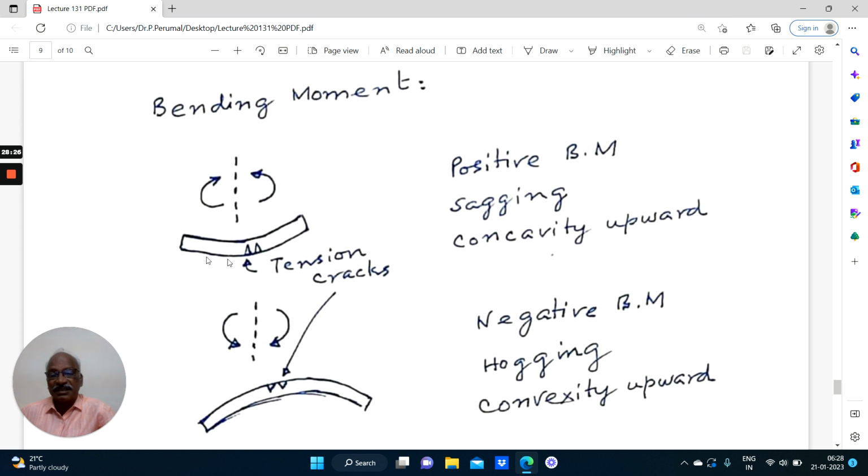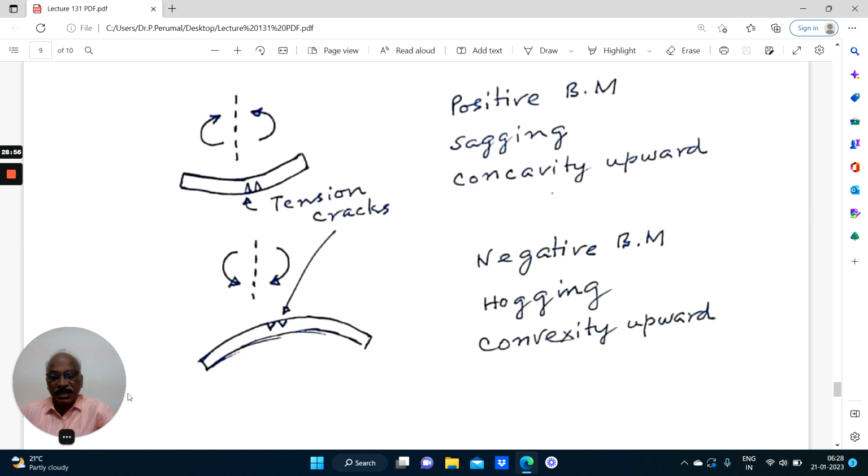This will cause the beam to sag like this with concavity upward. This is what is called a sagging bending moment. So if a beam bends like this, top will be under compression, bottom will be under tension. Suppose it is a concrete beam, it will be strong in compression, weak under tension. We have to provide the steel reinforcement only where tension occurs.